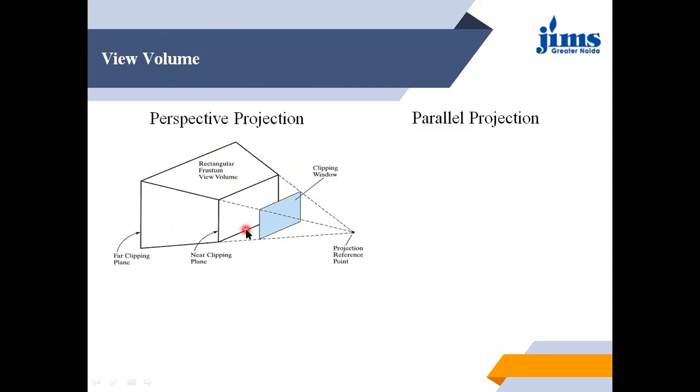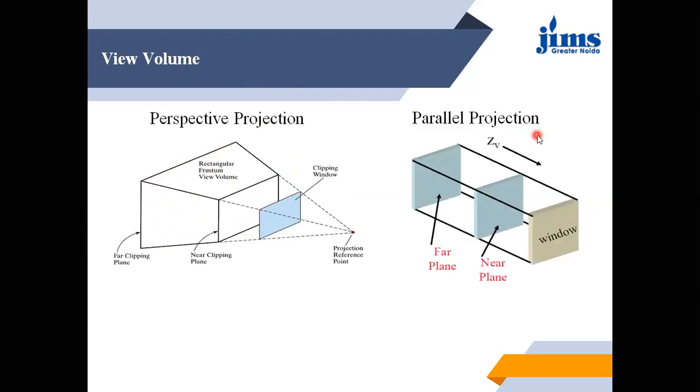You can see over here that in the parallel projection also, this is the object, and this is the image of this one, that is the near image or near plane, and this is the far one. Then the distance between these two is this. This is the distance between the far plane and the near plane.